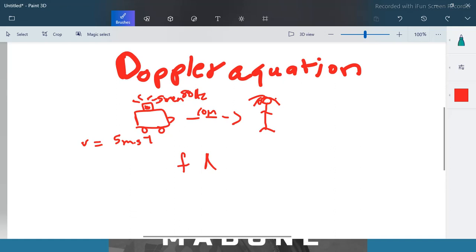You are the stationary listener, standing in one place. Now this car is approaching and it's emitting a siren with a frequency of 80 Hz.